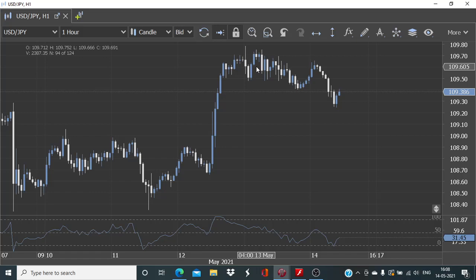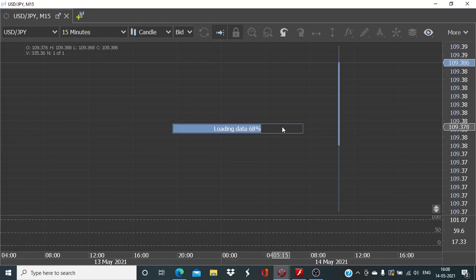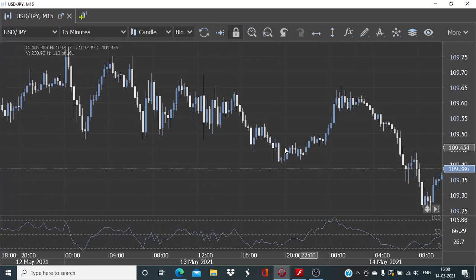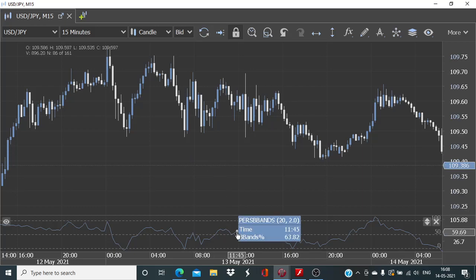prior to the execution of the order. And we will also be utilizing the 15-minute charting, and here also the indicator will remain the same, and we will look to initiate the trade as and when we see the percent Bollinger Band output value dipping below the median value of 50.